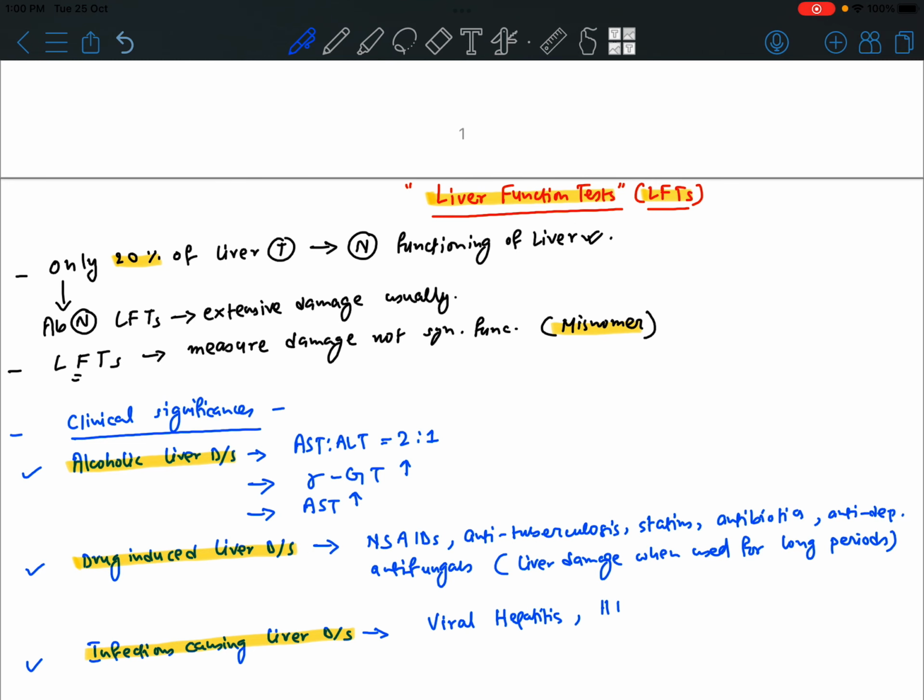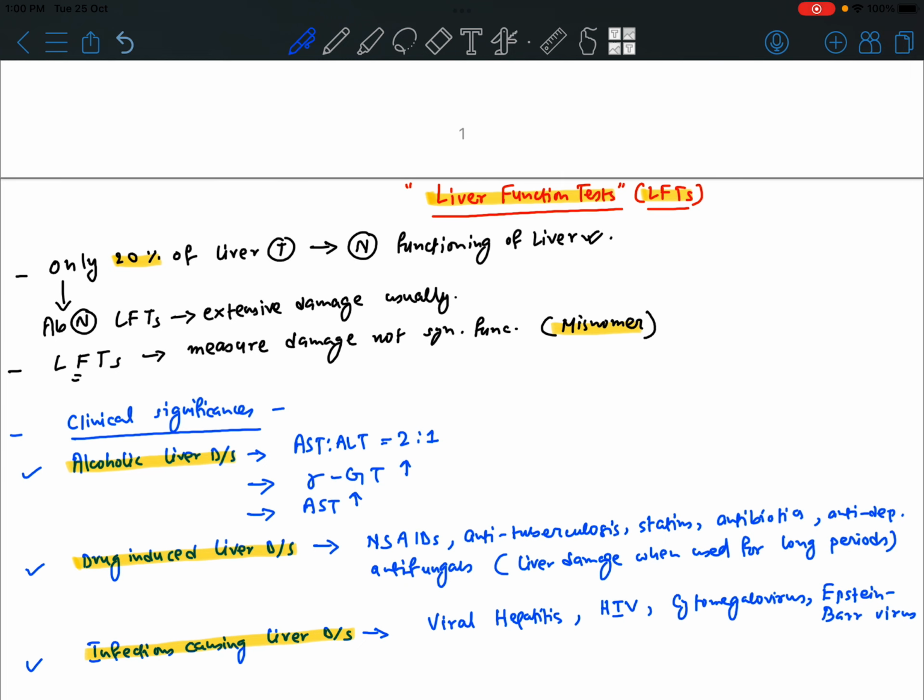HIV virus can cause liver disease. Cytomegalovirus, Epstein Barr virus.